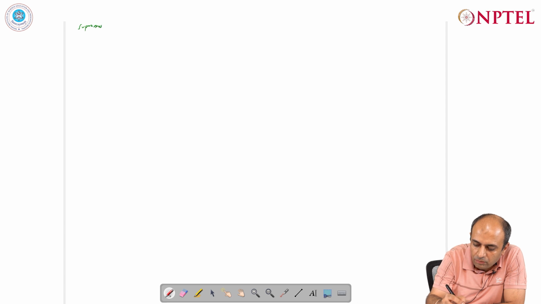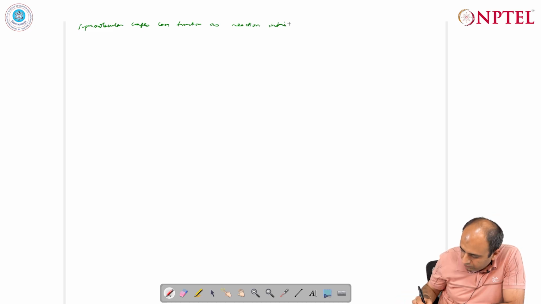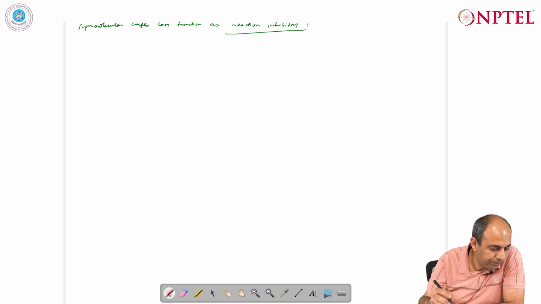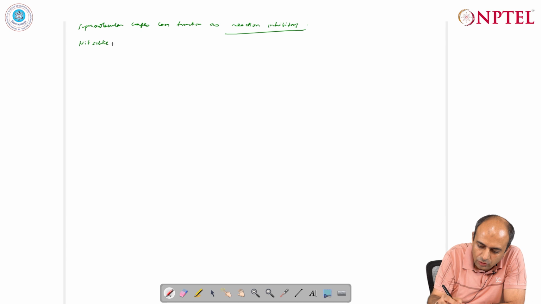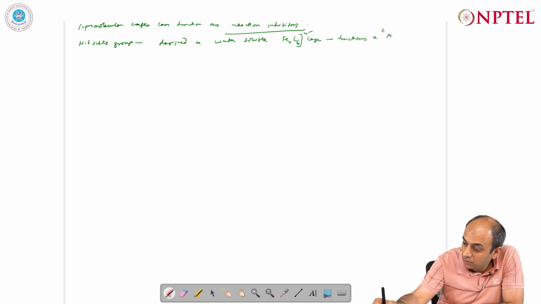The supramolecular cages can function as reaction inhibitors, and this was demonstrated by the group of Professor Nishk, who designed a water soluble Fe4L6 cage which functions as a supramolecular protecting group.